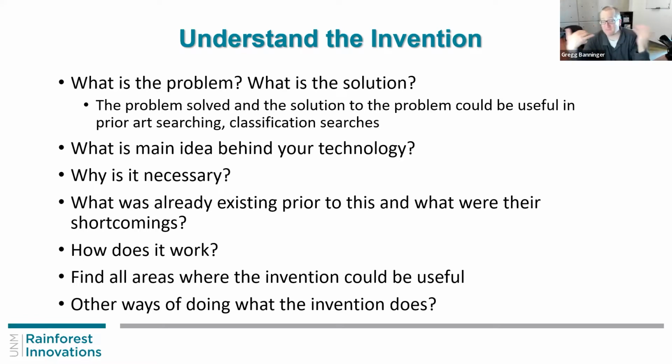This also helps when drafting a patent application, because you want to think of alternate embodiments. Let's say your device uses a certain material. Maybe that material is critical, but you have to think about what other materials could be used, because you don't want a patent for just one material, and then someone uses a different material and no longer reads on your patent.